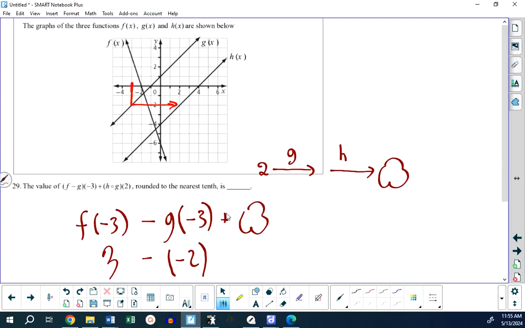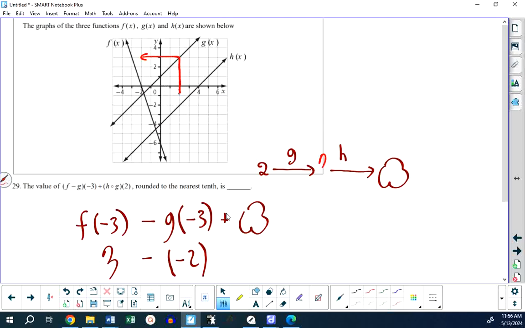Now, what is h of g of 2? I'm just double checking here. This means the 2 goes into g first, then the h, so I've got my schematic drawn right. So 2 goes through g. That means I go to 2 and I read the output, and it's 3.